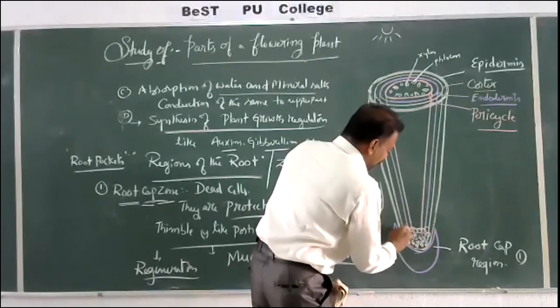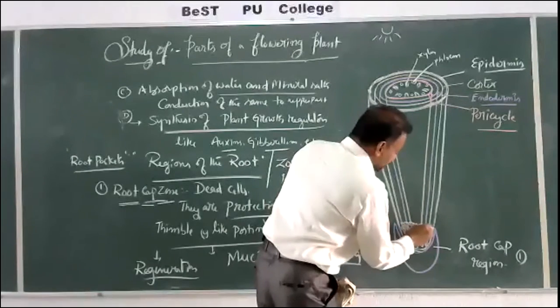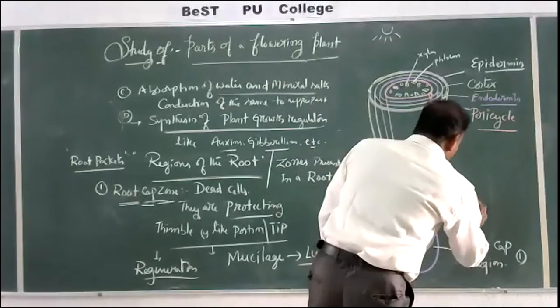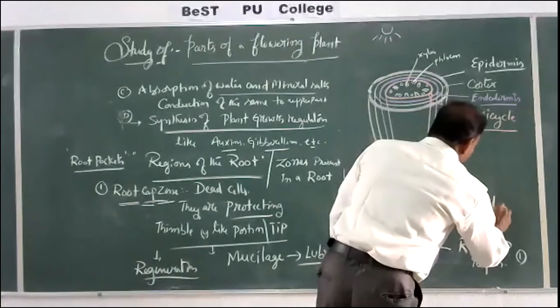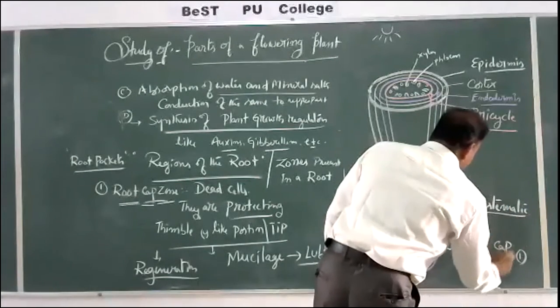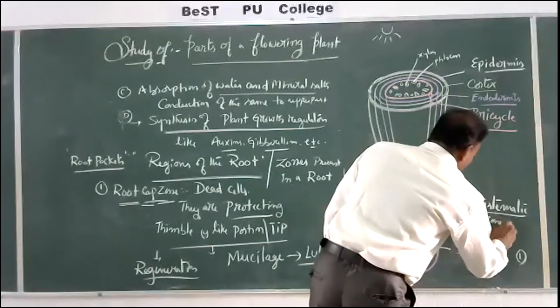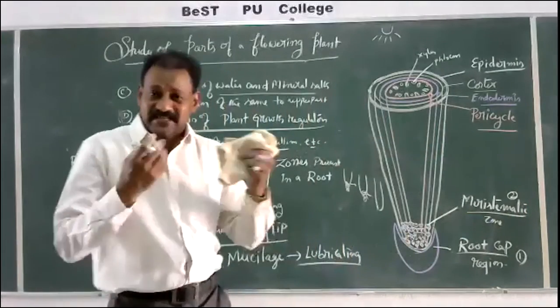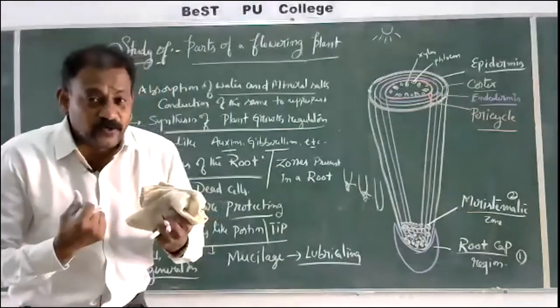This region is called the meristematic region, the meristematic zone. It means the cells which are always young and which are able to divide.